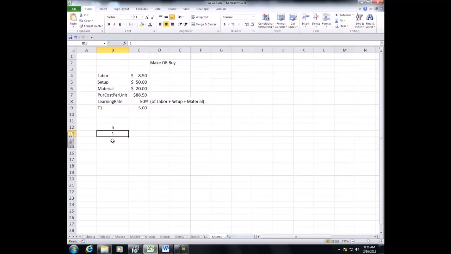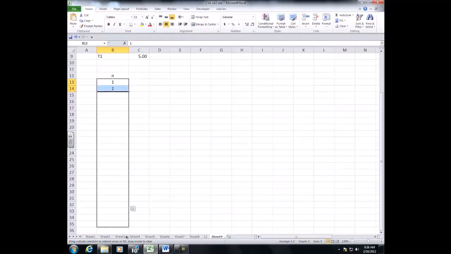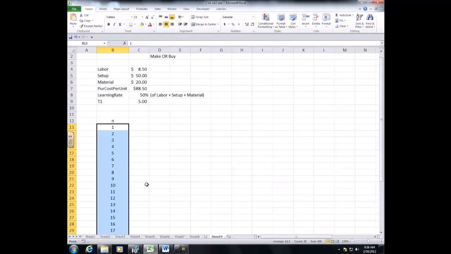Or, what if you want to produce 2? Or 3? Or 4? Or 5? So we will create a column here where we will compute the total cost of producing 1 unit, 2 units, 3 units, and so on.